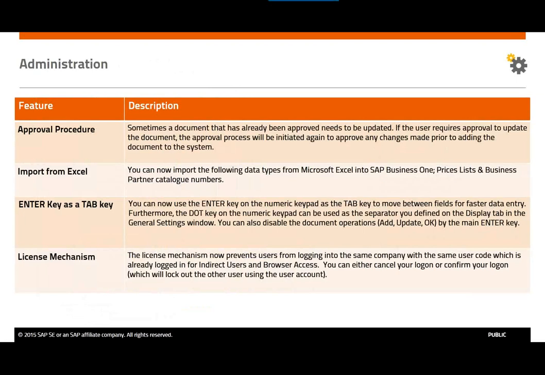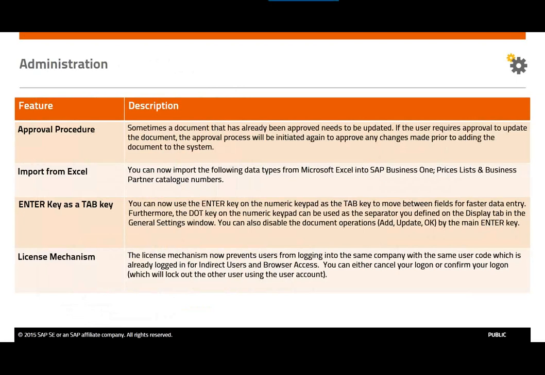Important point to note, there's been an update to the license mechanism as well, which will now stop people from logging into the same company with the same user code if that user is already logged in as either an indirect user or using browser access. But we give you a choice. You can either cancel your logon when that occurs, or you can confirm that that logon is going to lock out the other user.